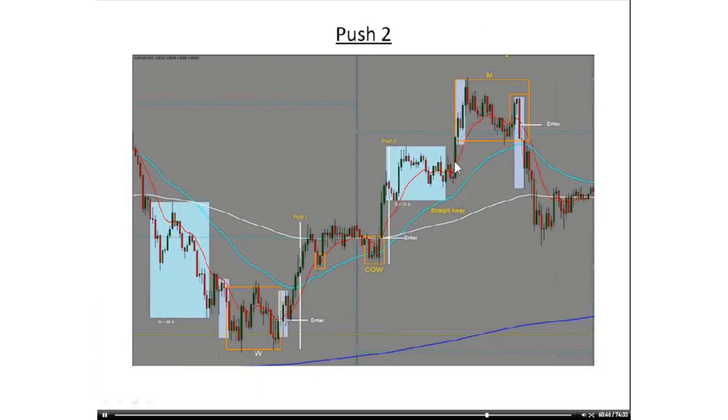A trap move is when they induce you to go in one direction, they hang out, people pile in to go short, and then when they come right back against you, that's the trap. They have to induce first to do the trap. They cannot do a trap on pin bars. So hopefully that made sense.